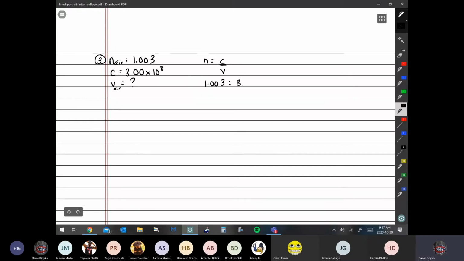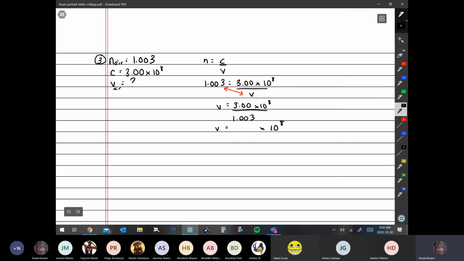1.003 equals 3 times 10 to the 8 over V. And then remember your quick trick here is to simply swap those two positions. So V equals 3 times 10 to the 8 over 1.003. Now don't be intimidated by the 10 to the power of 8.